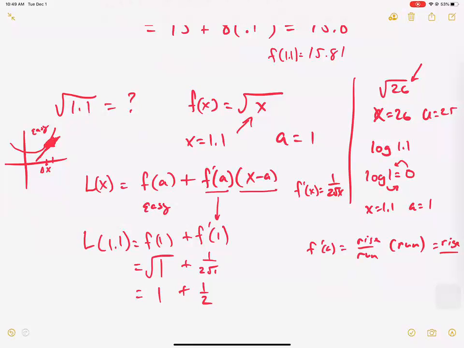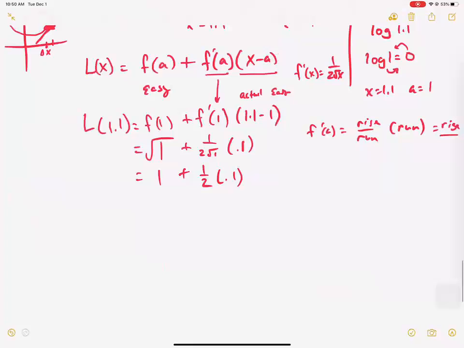And then x minus a, which is 1.1 minus 1, because this is my actual and my easy, right? That's just 0.1, because we don't want to be too far away from our actual easy point, because the farther away, the more error you get.